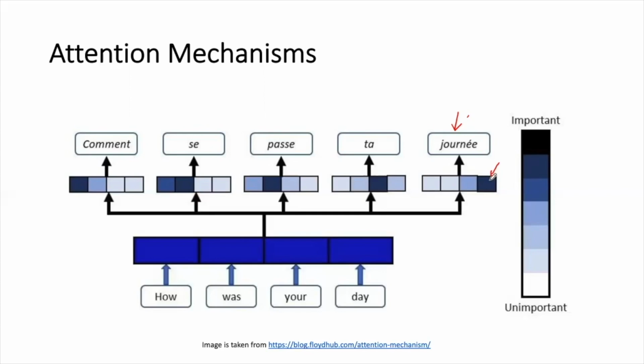That's what this illustration shows. The last word, the word day, has a high score. For example, this one is 0.8, and the rest are 0.1, 0.05, and 0.05. So the other words, how was your, don't get much importance here, but the word day gets a high score. That is the goal of our attention mechanism.